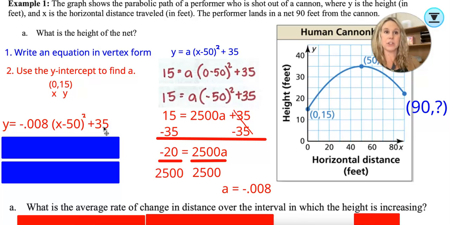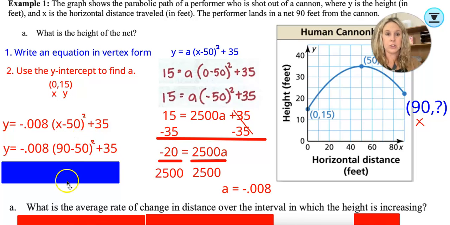So now that I have an official equation, and I know that my net is 90 feet away, and 90 represents an x value, I can take 90 and plug it into my equation. So I would have negative 0.008 times 90 minus 50 squared plus 35.